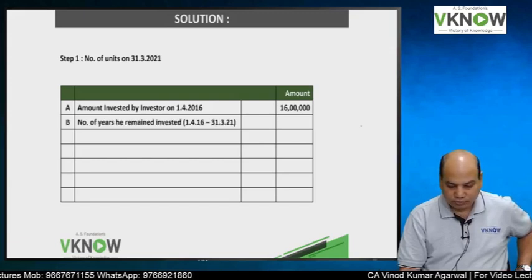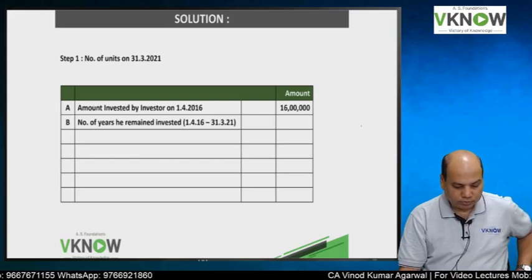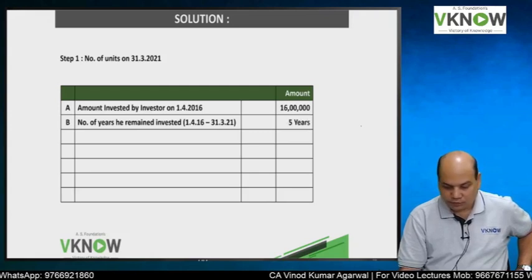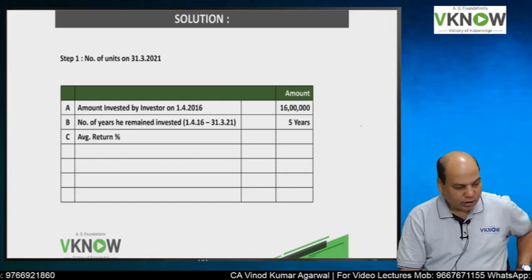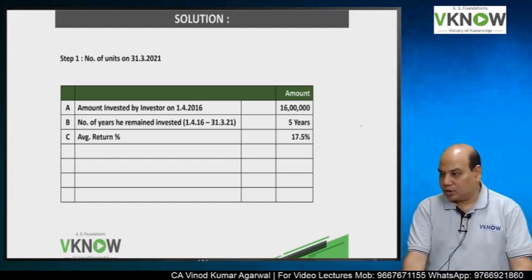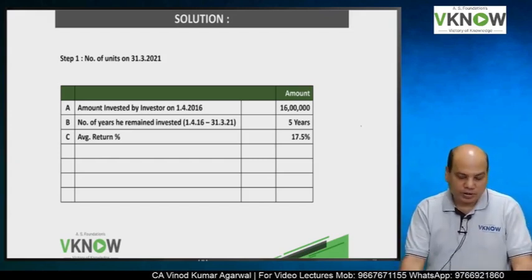Then point B: number of years, 5 years. Then point C: average return, 17.5%.